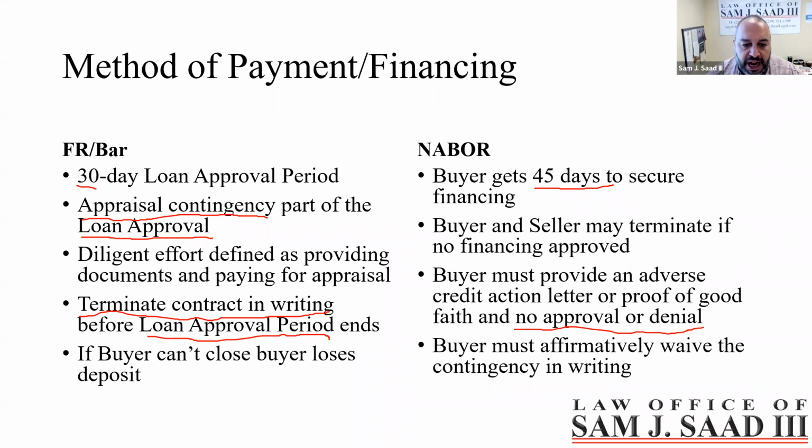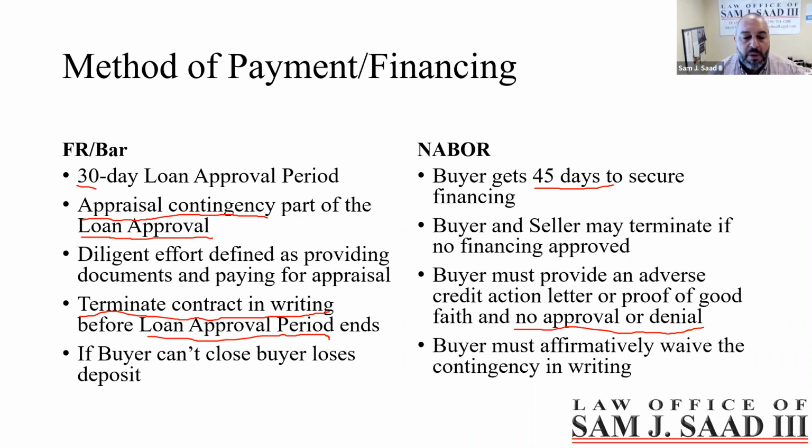So saying that again, from the buyer's side, they have so many days to secure financing. When the finance contingency period is over, the buyer can terminate and get their deposit back under NABOR, provided that there's been an adverse credit action, that means they've been denied, or they have exercised a good faith in applying for the mortgage, but have neither received an approval or a denial.